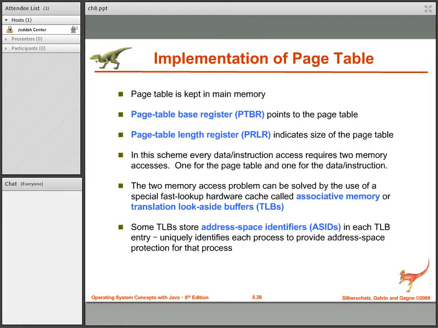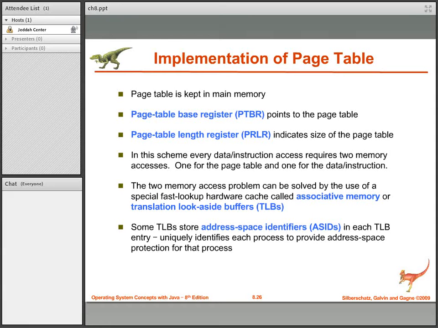In certain TLBs, we store the address space identifiers, ASIDs, in each TLB entry. And this uniquely identifies each process to provide address space protection for that process.